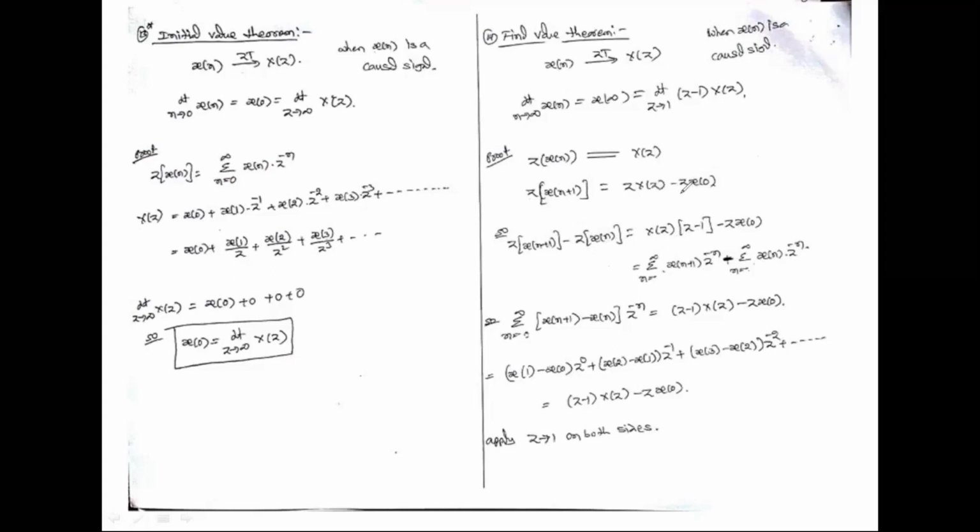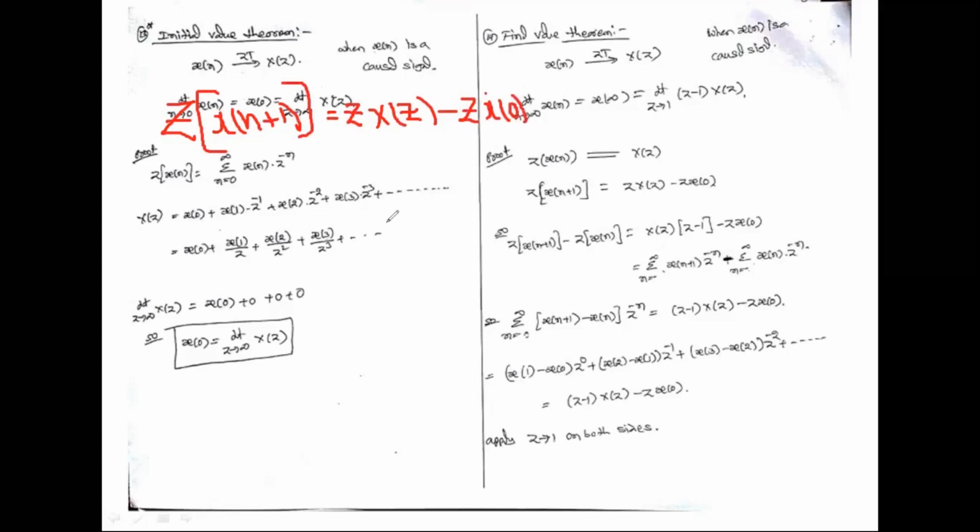To explain clearly, the z transformation of x of n plus 1, the one-sided signal shifted by one sample, has the formula z of x of z minus z into x of 0.